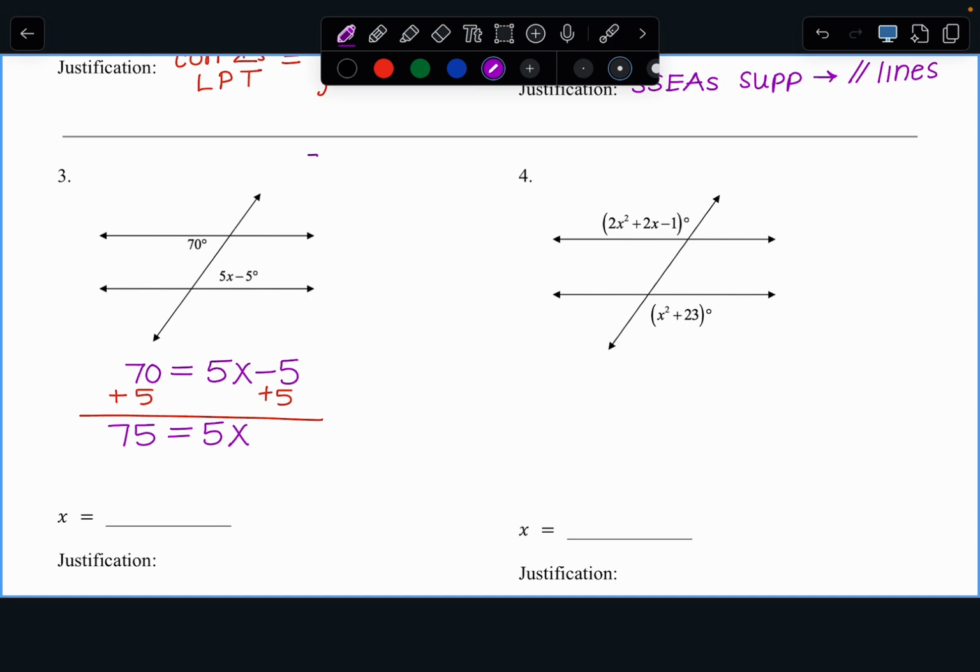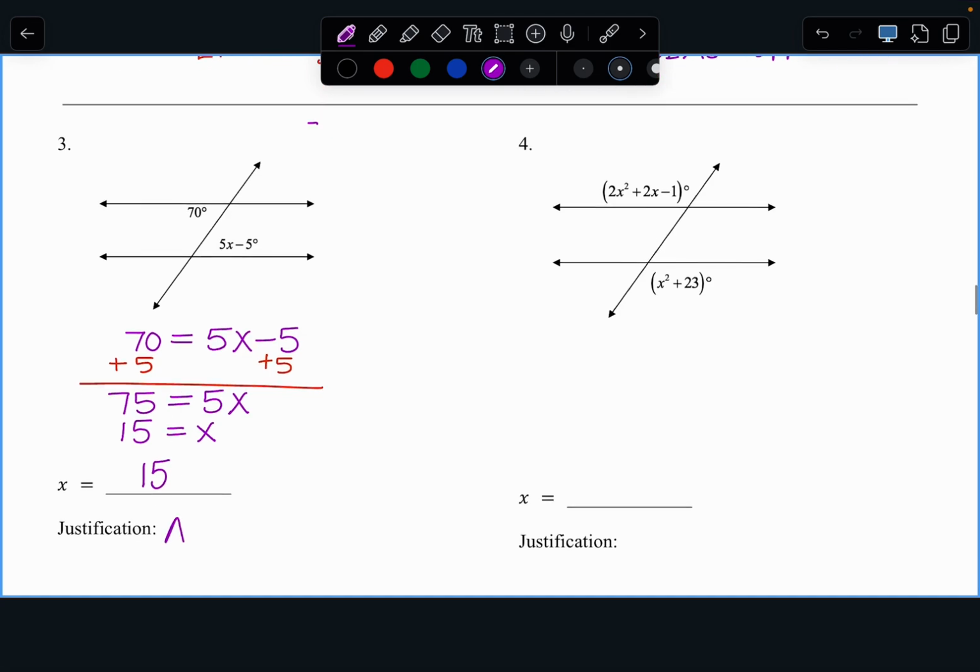What do we get? 15. And that was because alternate interior angles are congruent, means that we have parallel lines.